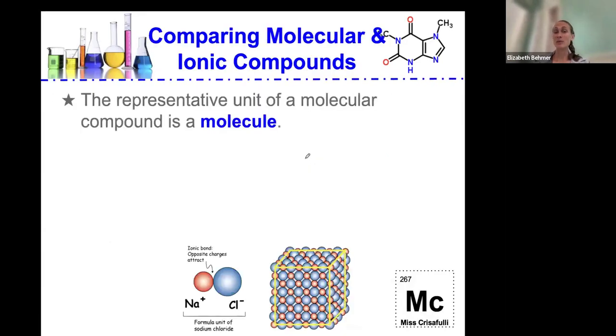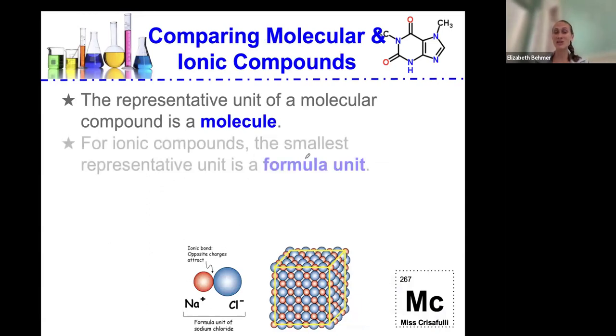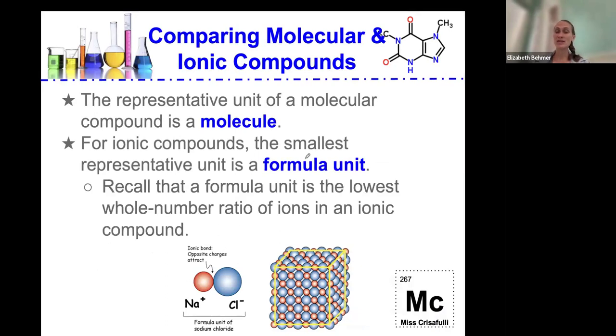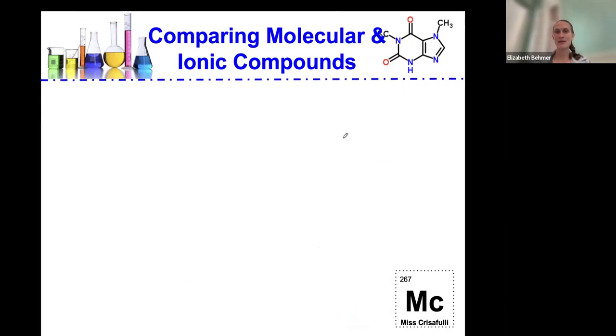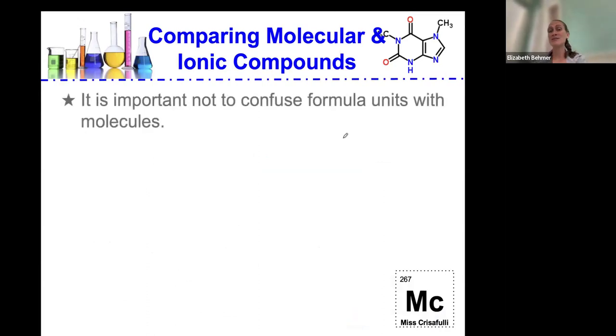The representative unit of a molecular compound is a molecule, and for ionic compounds, the smallest representative unit is the formula unit that we talked about in chapter 7. And recall that a formula unit is the lowest whole number ratio of ions in an ionic compound. It is important not to confuse formula units with molecules.